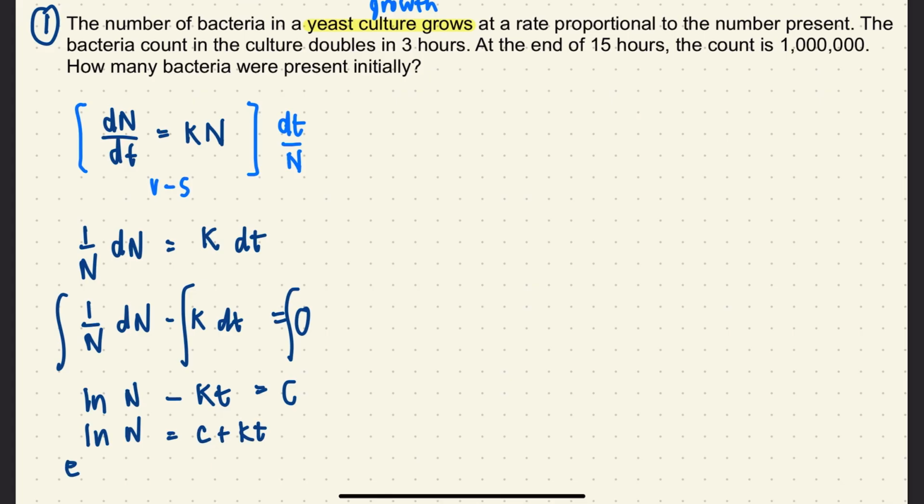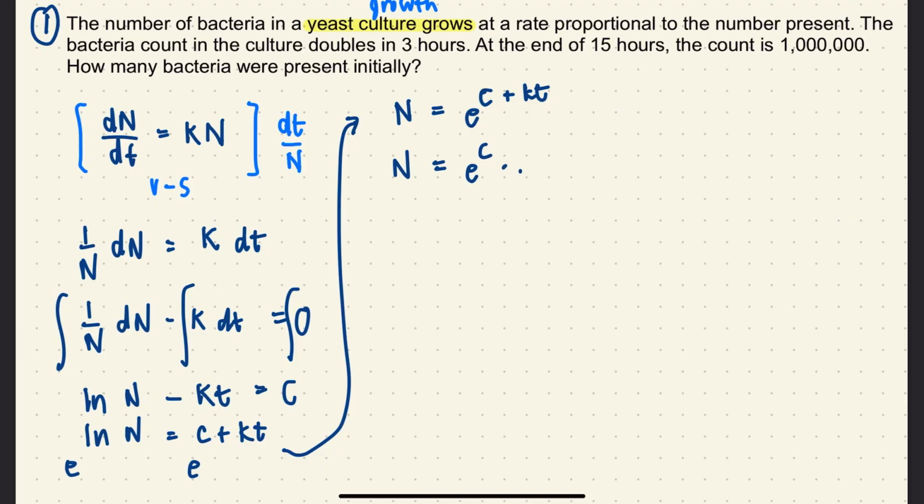And then when we raise both sides to e, your ln decomposes, becomes n is equal to e raised to c plus kt, or e raised to c times e raised to kt. Let's take this as a constant, so this will just be c e raised to kt.